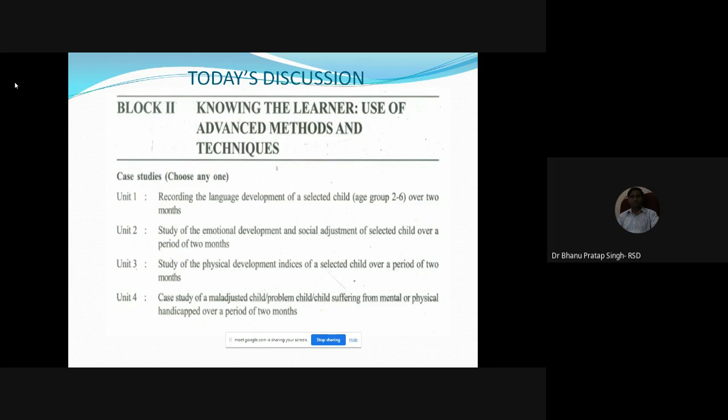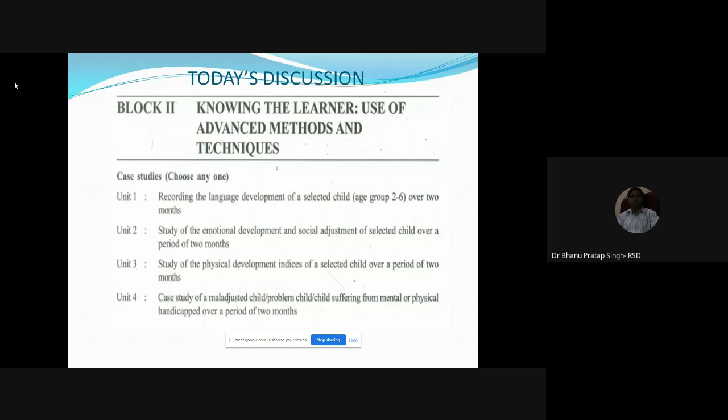The second case study is to study the emotional development and social adjustment of a selected child over a period of 2 months. In the second case, the age group is predefined, 3 to 6 years. Case study 3, in unit number 3, is the study of physical development of a selected child over a period of 2 months.